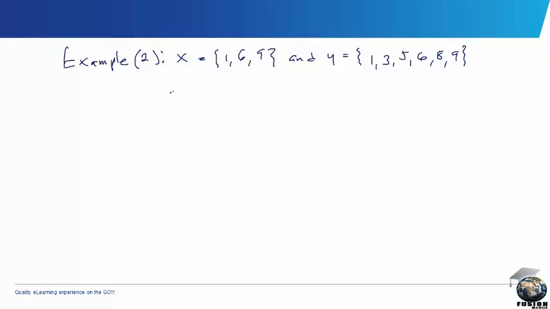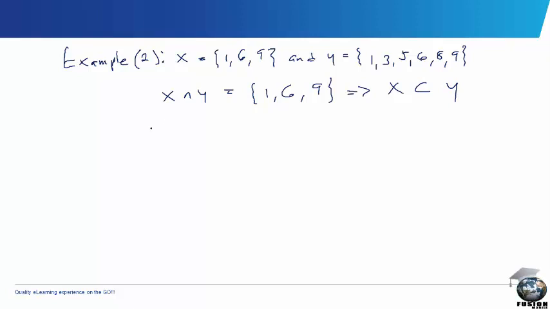X intersection Y will be equal to the set of 1, 6 and 9. At this point we can as well say that X is a proper subset of Y.